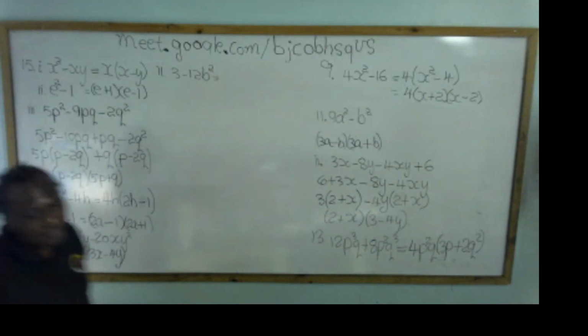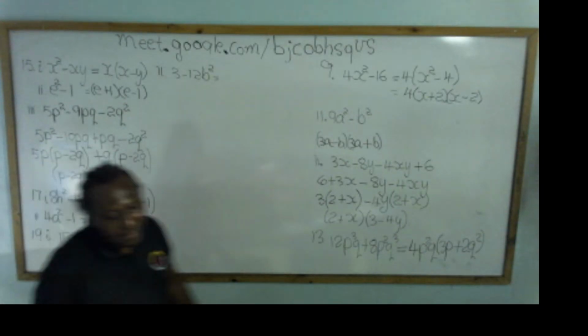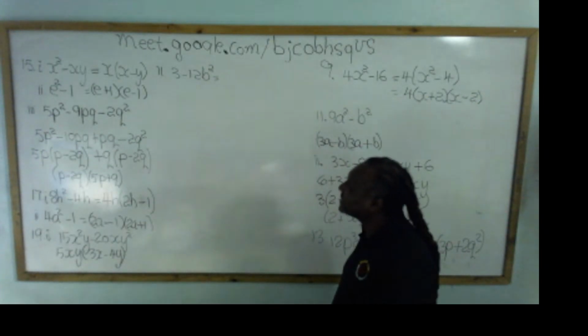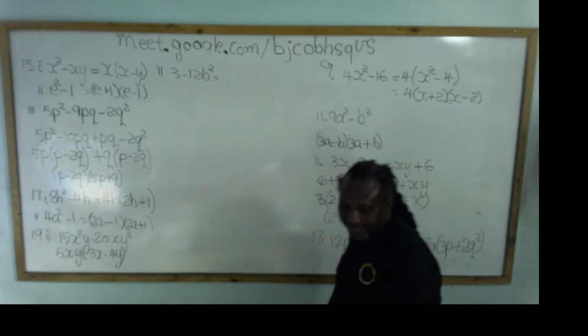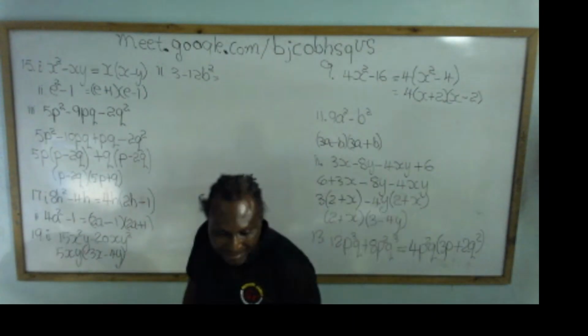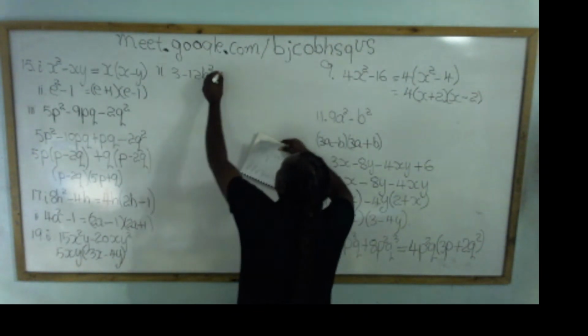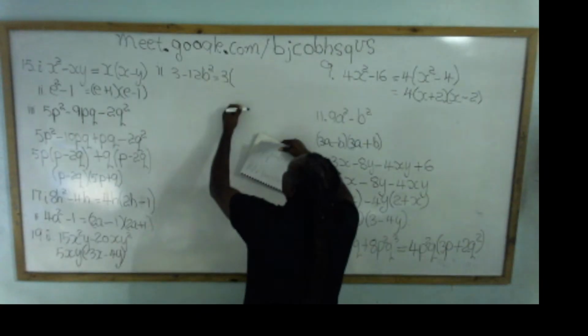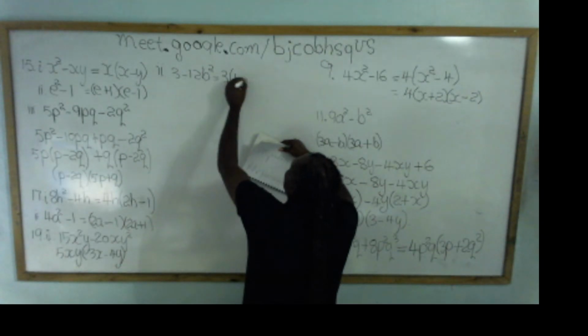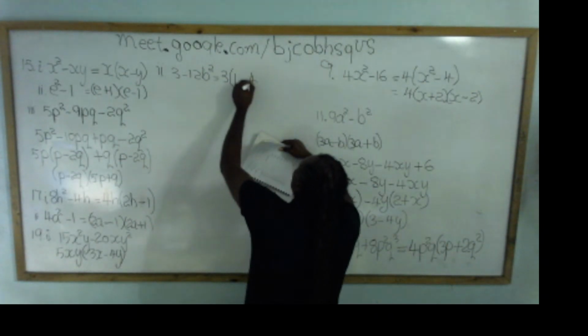Alright, so for that one, 1 minus 4b, that's nice. But it could have been a little bit nicer. The common factor here is 3. When you take the common factor of 3, we're going to have 1 minus, and of course 3 into 12 is 4. So 4b squared.